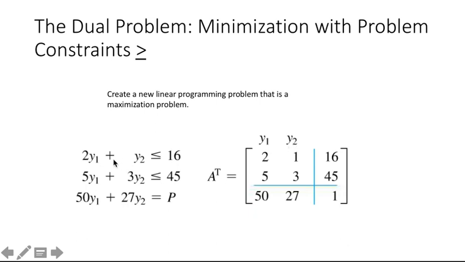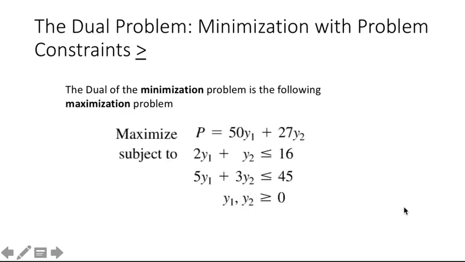And we created this system. So we've created the dual of the minimization problem. We are now going to maximize the objective function P equals 50y1 plus 27y2 subject to the following constraints, which are now less than or equal.